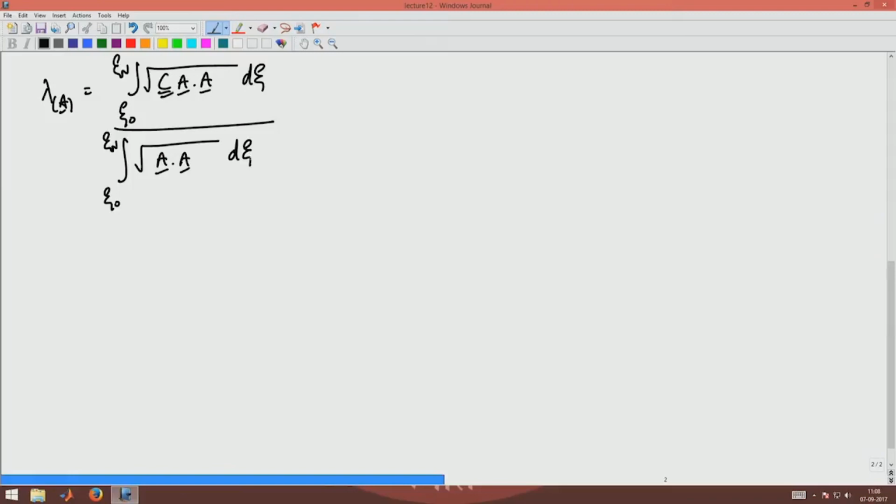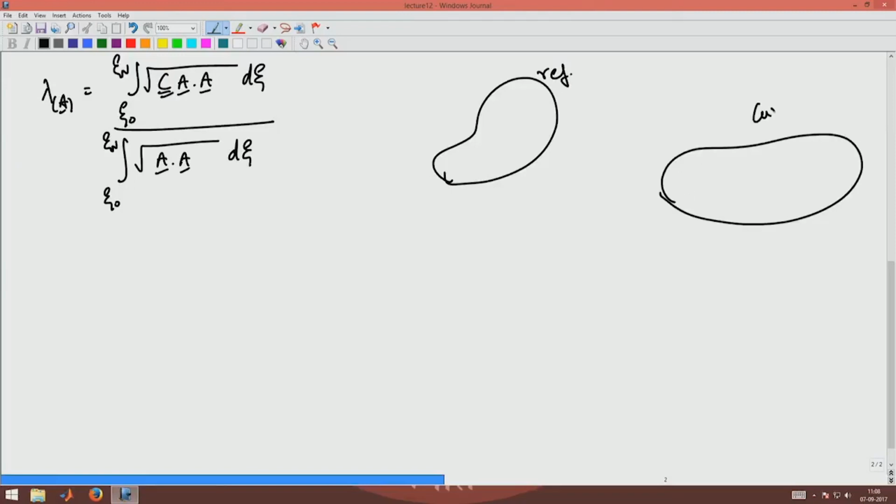What we had was a body in the reference configuration, and the same body in the current configuration might have looked like this, with respect to a given coordinate system E x, E y, E z.